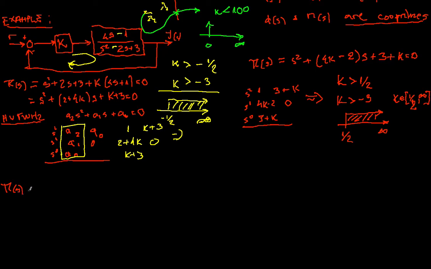Okay, P of s in this case is going to be s squared minus 8s plus 2 plus k times 4s minus 1, and I just need to change these to be 8s, and this has to be 2 now.